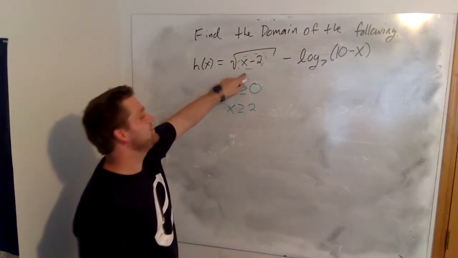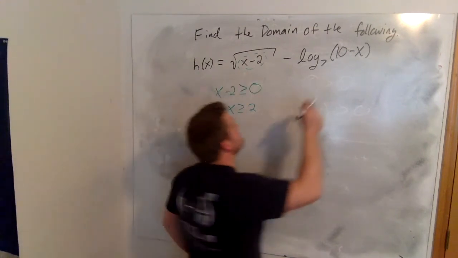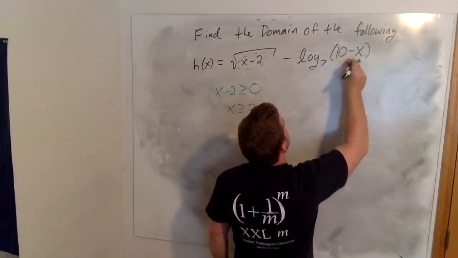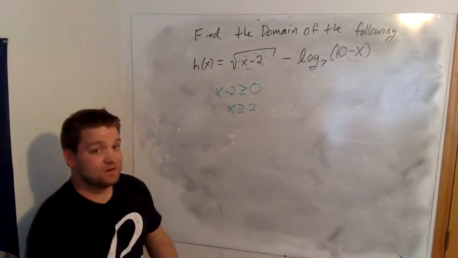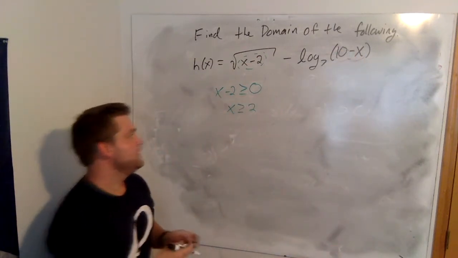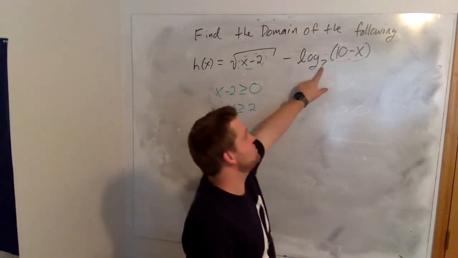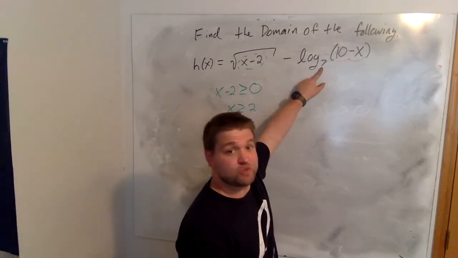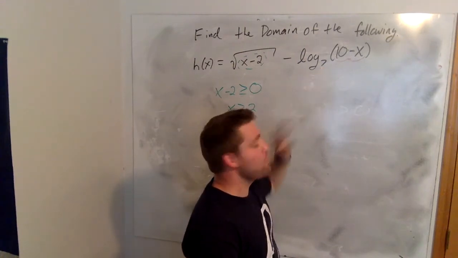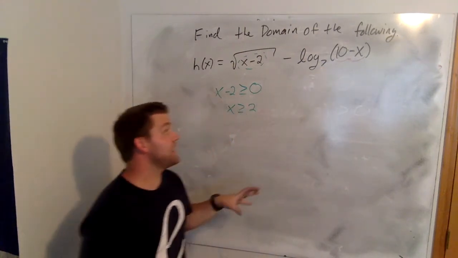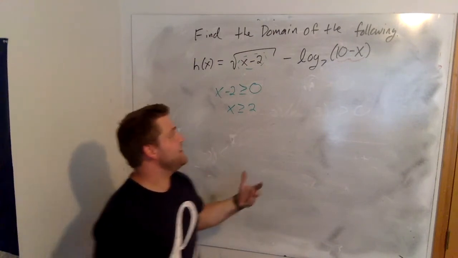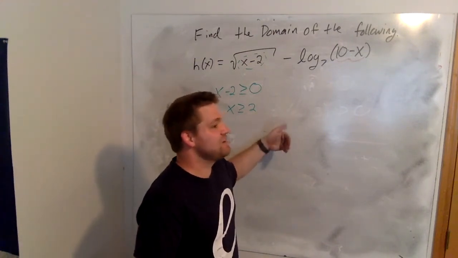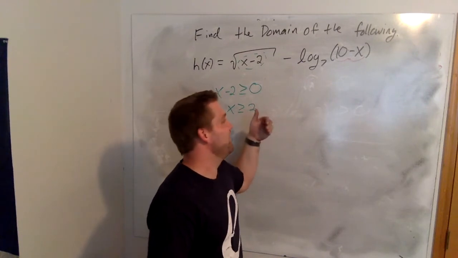It's happy. Okay, over here, log base 7, I need to make sure that what's inside of the logarithm is strictly bigger than 0. A question that you might be asking yourself is, does it ever matter for the restrictions what the base is? No. Every single logarithm of every single allowable base will always have the condition that you cannot take the log of any base of a negative number or 0.